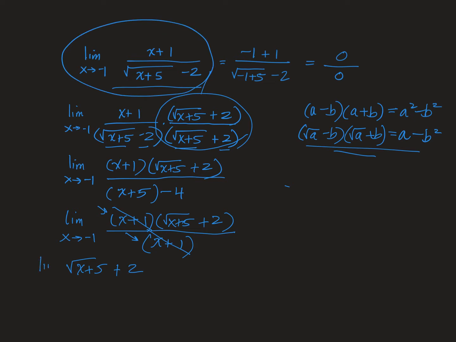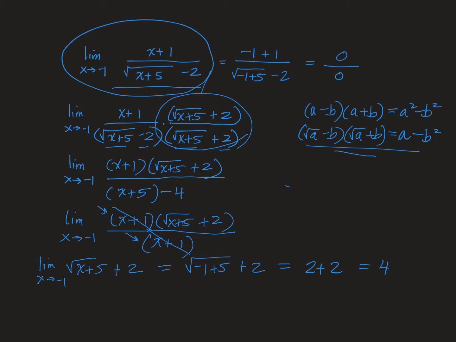So I'm going to now take the limit as x approaches -1 of this function, and I get the square root of (-1 + 5) plus 2, which is equal to the square root of 4, which is 2, plus 2, and that's 4.